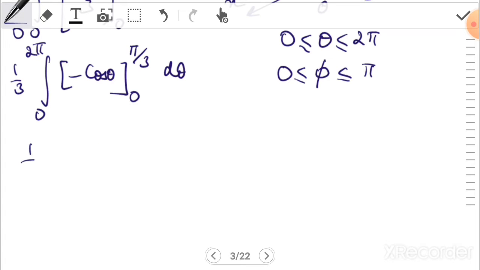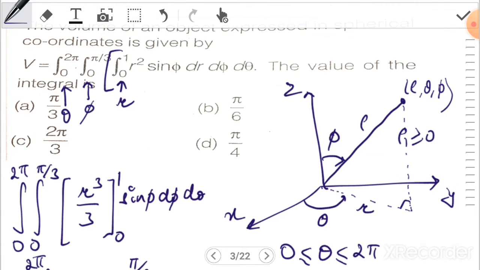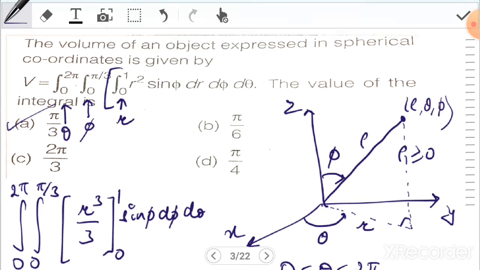So 1 by 3 into 1 by 2, and we are left with the integral 0 to 2 pi d theta. Now this is equal to 1 by 3 into 1 by 2 into 2 pi minus 0, which is pi by 3. Okay, so pi by 3 is the right answer. Now let us go to the next problem.